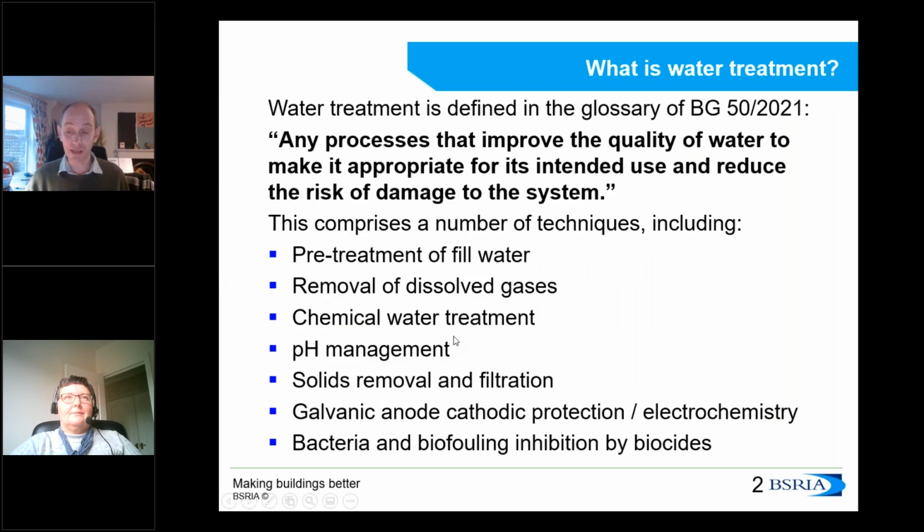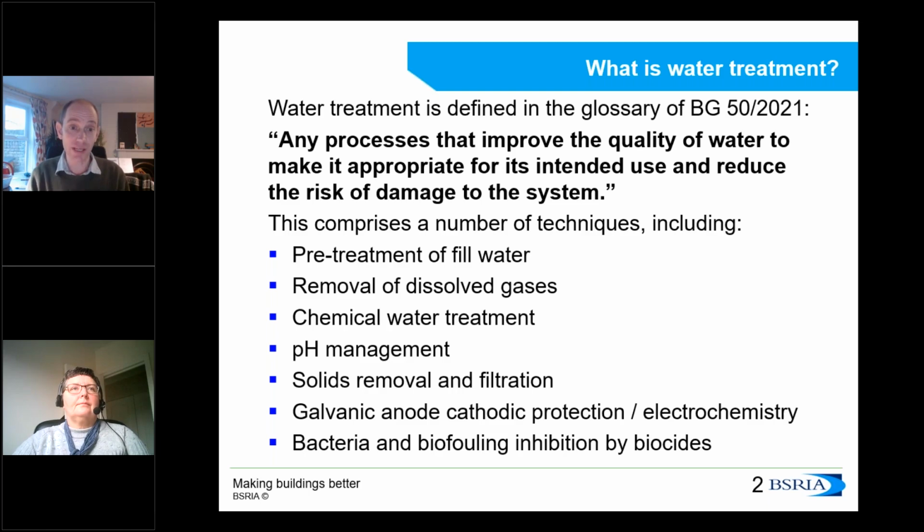So first of all, I'm going to start out just by defining water treatment, because there is a little bit of confusion over this. I think traditionally people have thought that water treatment only means chemical water treatment. Here we're talking about the much broader topic of water treatment, and there are a number of techniques that can be used to improve the quality of water so that it's appropriate for its intended use.